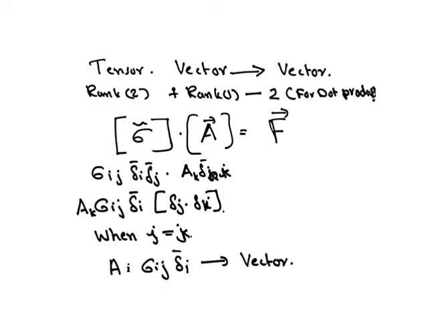So here tensor dot vector means tensor rank is 2, vector is 1. 2 plus 1 is 3, total rank is 3. Because of the dot product it should reduce by 2, so the resultant rank will be 1. What is the thing which has rank 1? It is a vector. So tensor dot vector will be a vector.